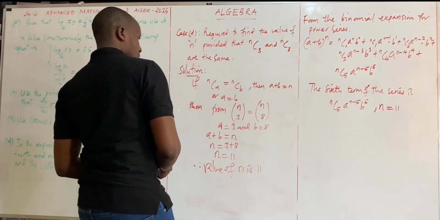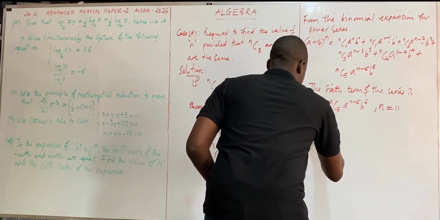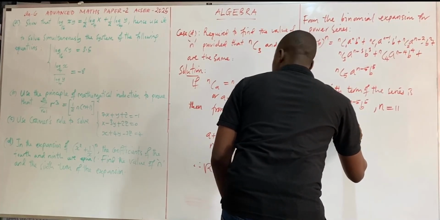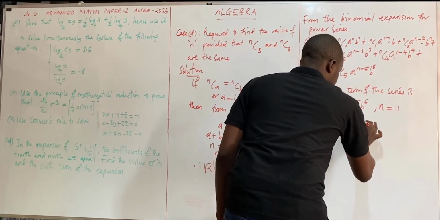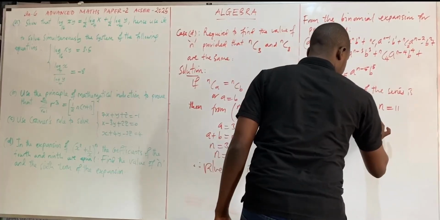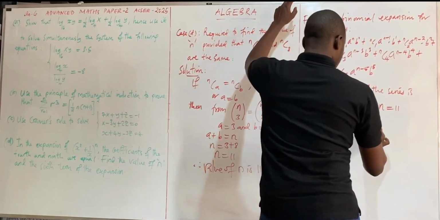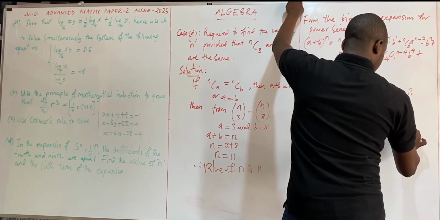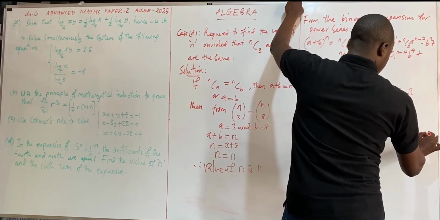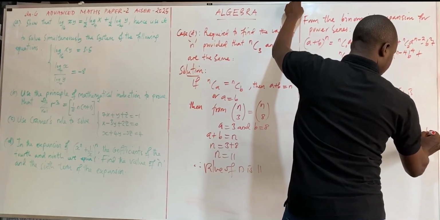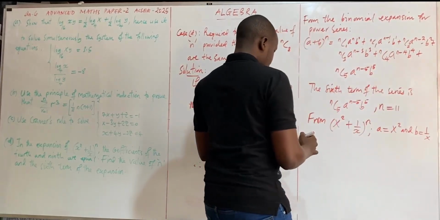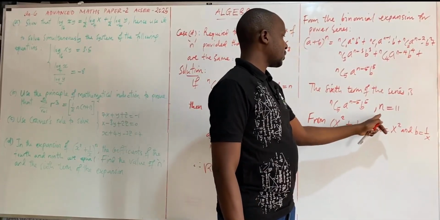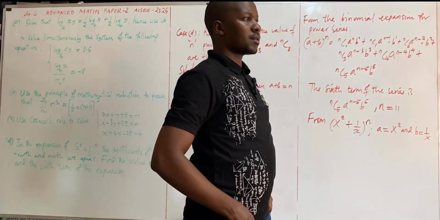Now from the notation, the expression, this one, x squared plus 1 over x raised to n. So here, our a is x squared, and b now will be 1 over x. So we just equate them: this is a and that is b, and n is 11, because n never changes.